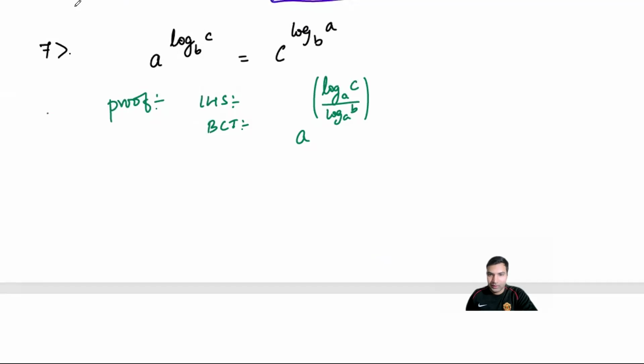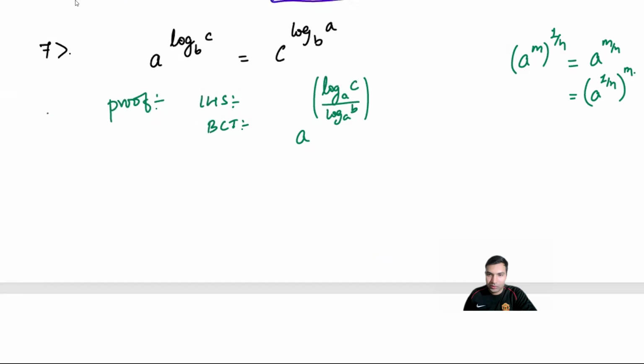Yes or no? So now, see here. We have seen in the elementary classes, if a to the power m over n is written, it is the same as a to the power m whole thing to the power 1 over n, which can be rewritten as a to the power 1 over n whole thing to the power m, isn't it? So I can switch these two places, right?